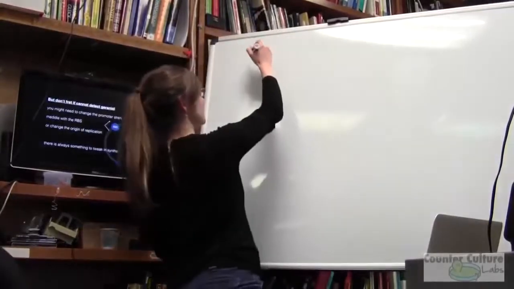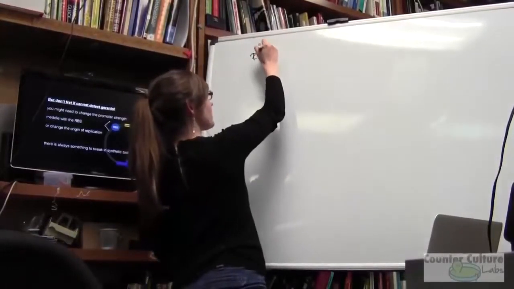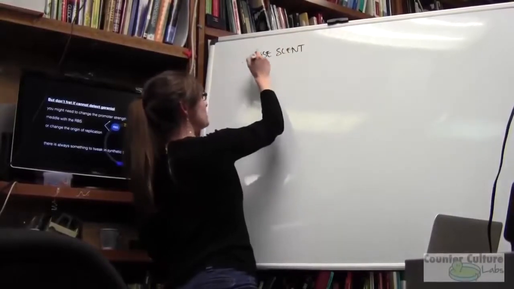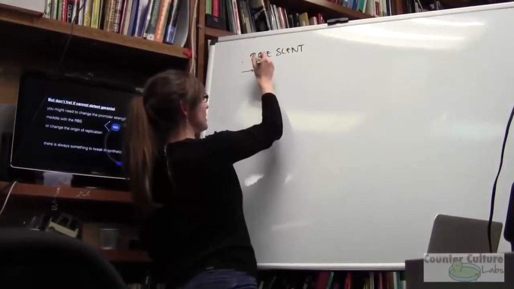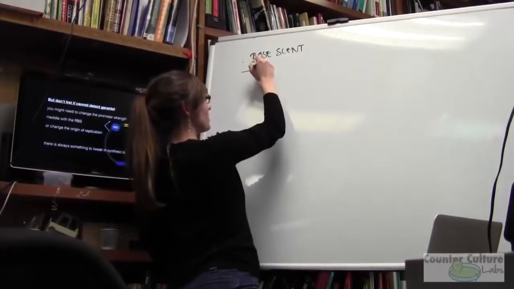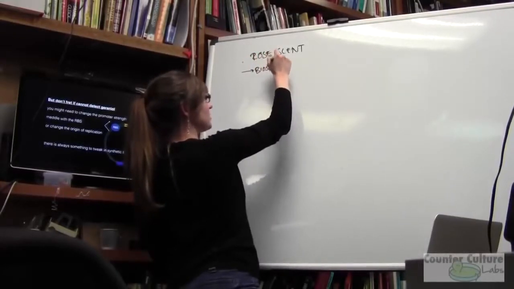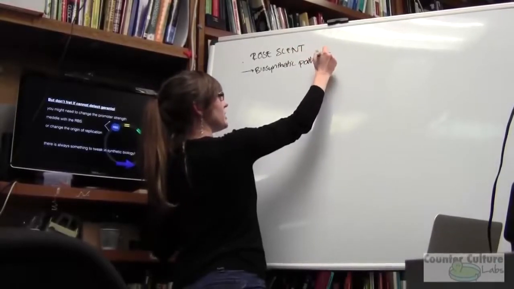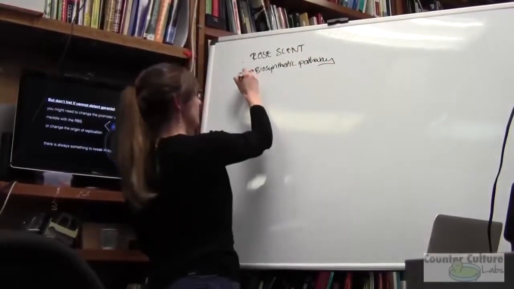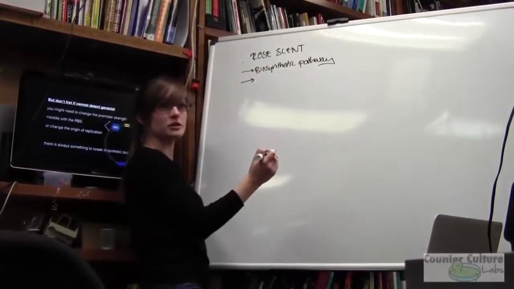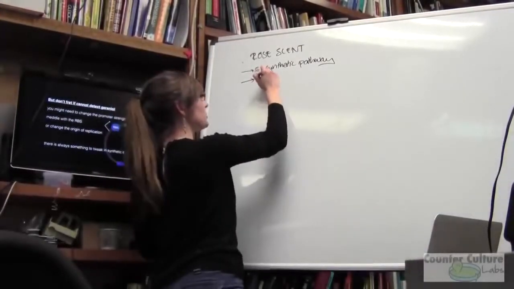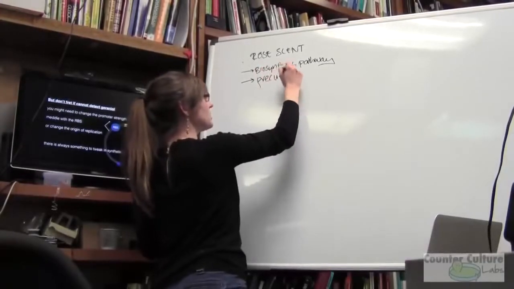Okay, so we decided we wanted to make the rose scent pathway. Step 1 after that would be to look up the biosynthetic pathway. That was important. Then we determine which precursor is present in the host organism you want to go into.